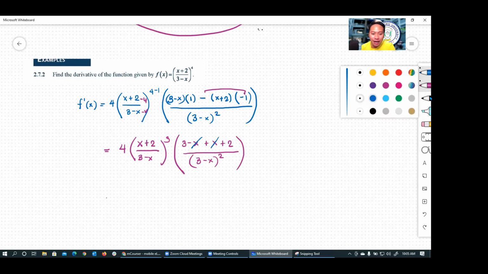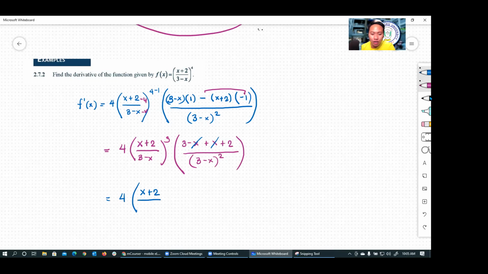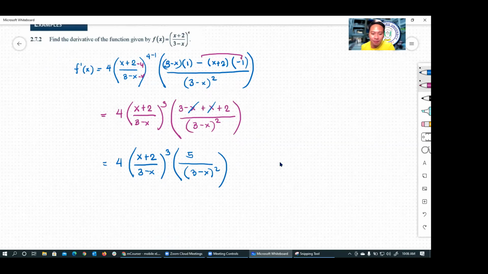So we simplify this: 4 times x plus 2 over 3 minus x raised to the power of 3. And what is 3 plus 2? It's equal to 5, and then we have 3 minus x squared. Now, what is 5 times 4? It's 20. So this becomes 20 times x plus 2 cubed over 3 minus x to the power of 5.